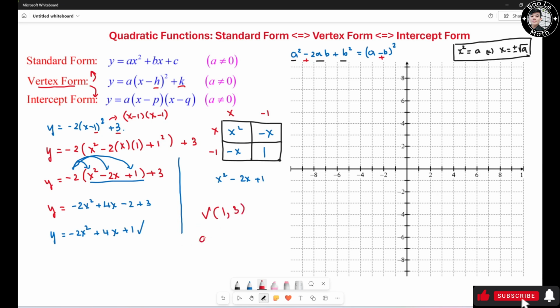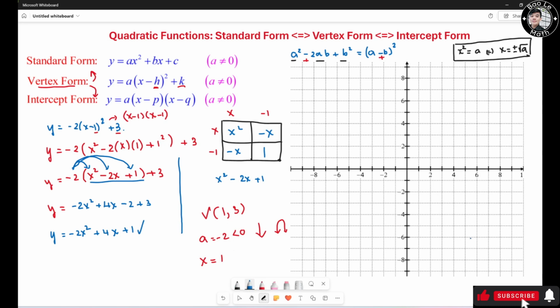Now a equals negative 2, less than 0, so the graph opens downwards, right? It's going to be like this. Now the axis of symmetry, s equal to 1, right? Because s equals h, but h equals 1. So this is the axis of symmetry.